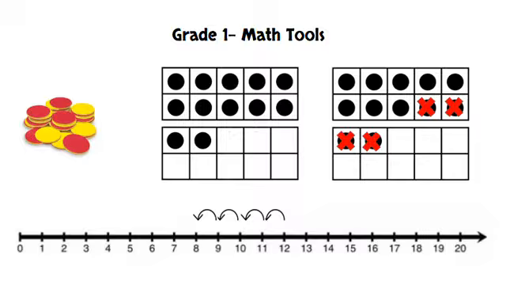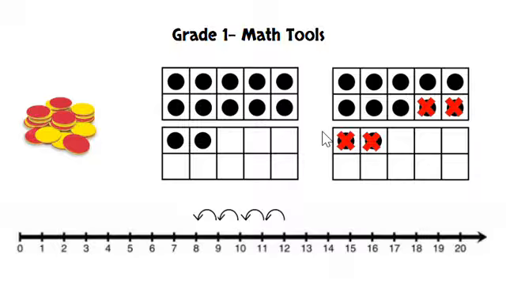And then at the top, I do have those little red and yellow counters, and next to that I use what we call a double tens frame. So in theory, I took my colored counters and I put 12 of them in this double tens frame here. And then I took 4 away.